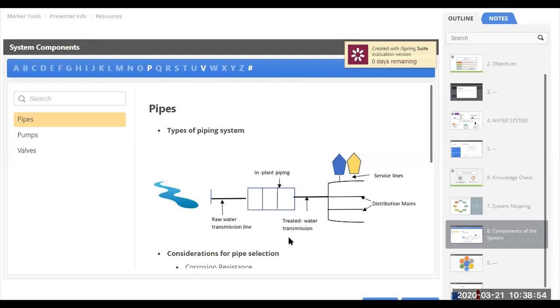Then that goes to our distribution mains and then to service lines, which connect our customers. So generally, our transmission lines are usually larger pipes than our distribution mains and our service lines. As we go closer to our consumers, the size of our pipes tends to drop.